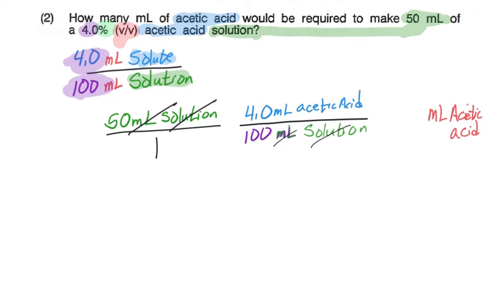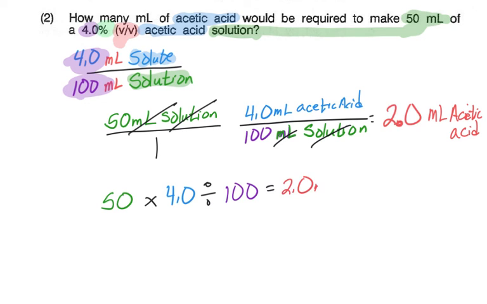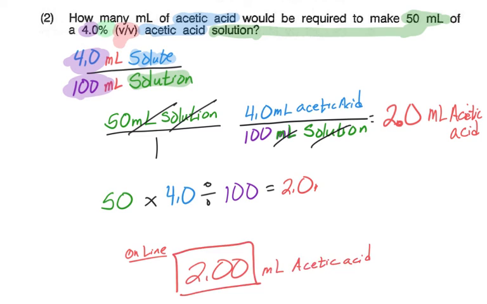So let's go ahead and put that into the calculator. We're going to put in our 50 milliliters, multiply that by 4 milliliters, and divide that by 100 milliliters, and we'll end up with 2 milliliters of acetic acid. That is our solute. And again, because of the constraints of our program, you're going to write it with 2 decimal places, so you would write 2.00 milliliters of acetic acid.